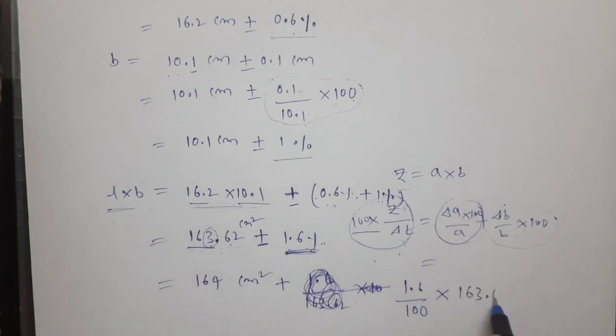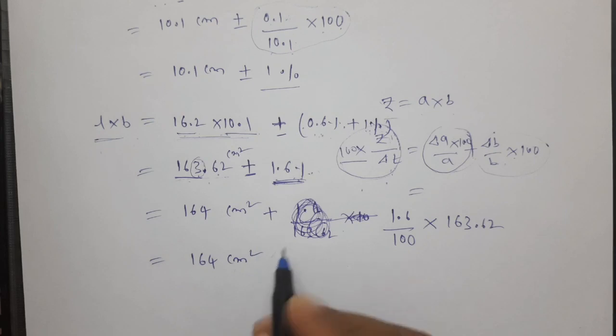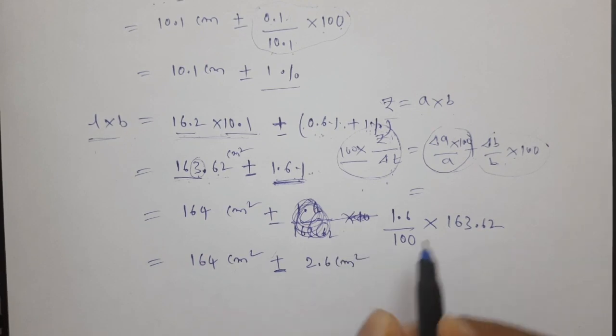So 164 centimeter square, plus or minus this value, we will get 2.6 centimeter square.